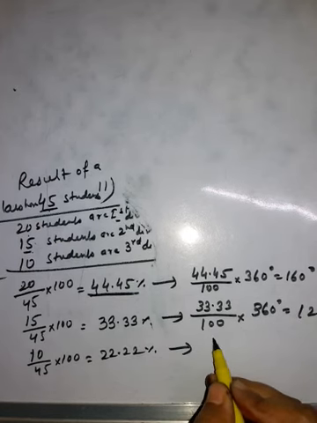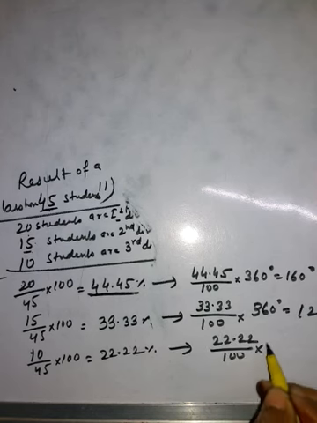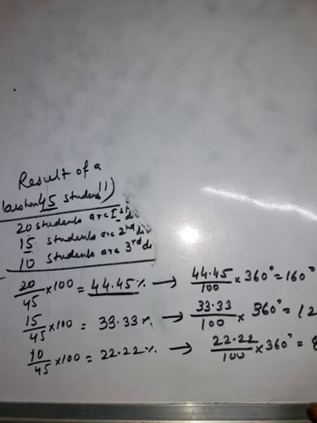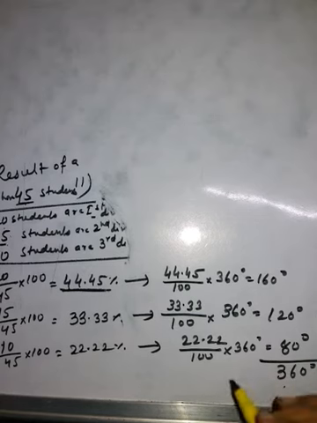Third division, 22.22 by 100 multiplied by 360 degrees, gives 80 degrees. If you add all these, it should be 360 degrees.